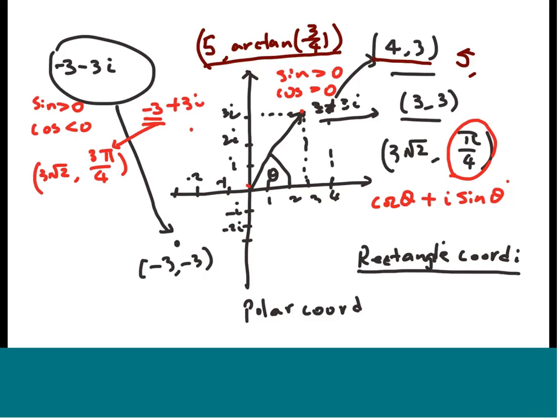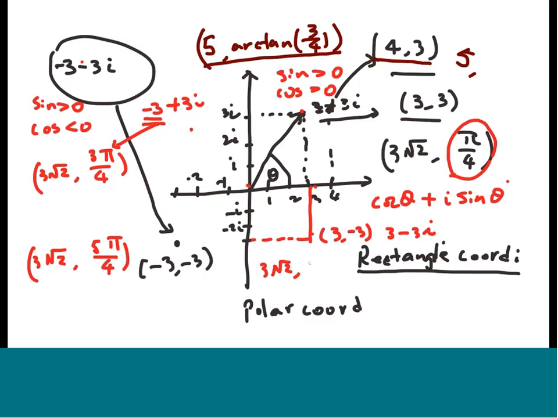Oh, here is the right one. This one corresponds to that one. So here it's going to be 3 square root of 2, then 5 pi over 4. For this one, 3 minus 3i, you're going to have 3 square root of 2, then 7 pi over 4.